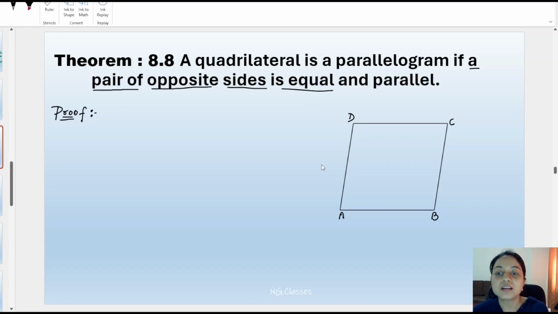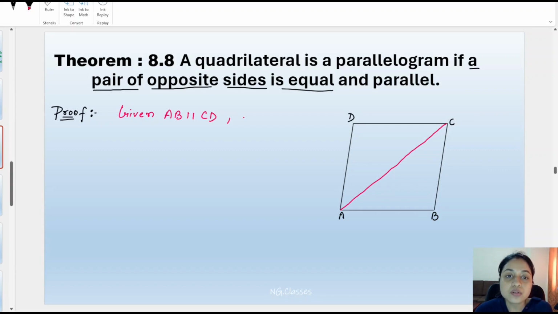So for that, let's draw the diagonal AC. Now, here it is already given that AB is parallel to CD and also AB is equal to CD, and we have to prove that AD is also parallel to BC and both are equal to each other.